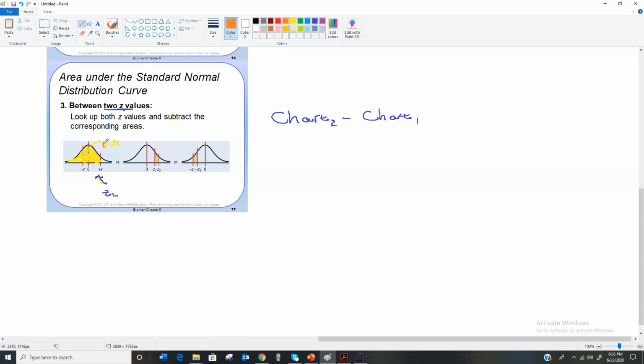So the chart says that from that Z value all the way down is 0.7. And then it tells you that this other Z value, we'll call that Z1. The chart would say from Z1 downward is 0.3.